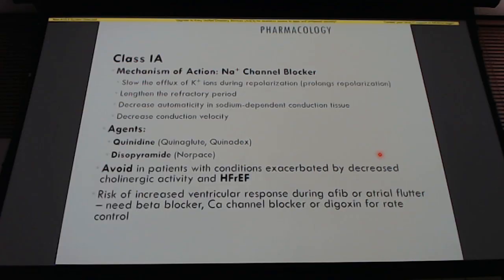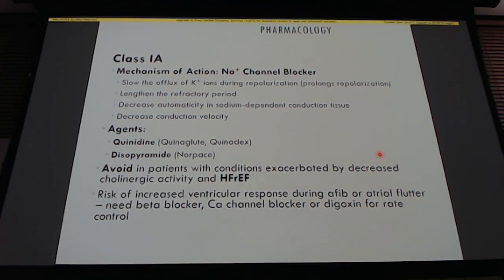And then here you see, like I was telling you before, I can have that pro-arrhythmic effect, right? So I can now cause an arrhythmia to occur. Therefore, sometimes when you give a medication out of this 1A class, you're also going to give a beta blocker in addition to make sure that you're also controlling the rate, okay? So we have rhythm and rate control.